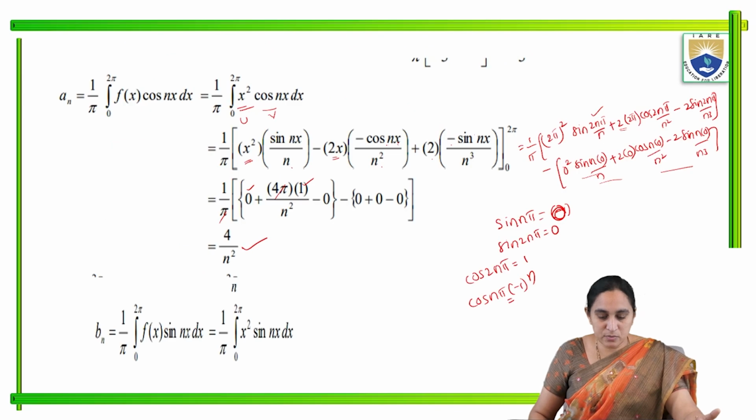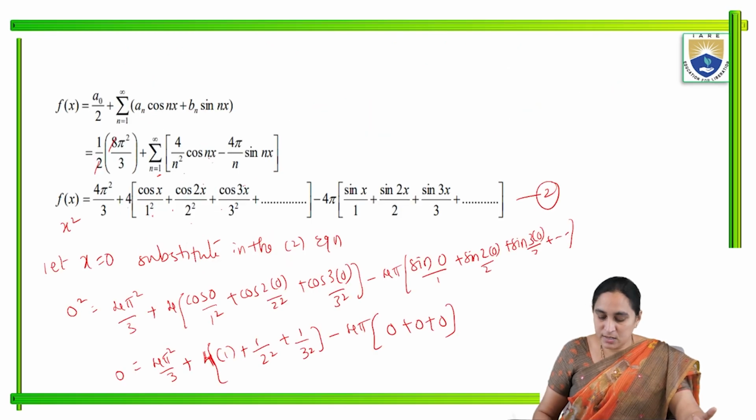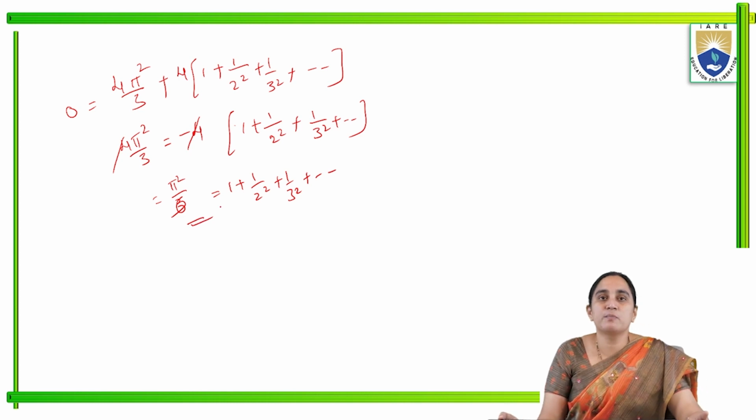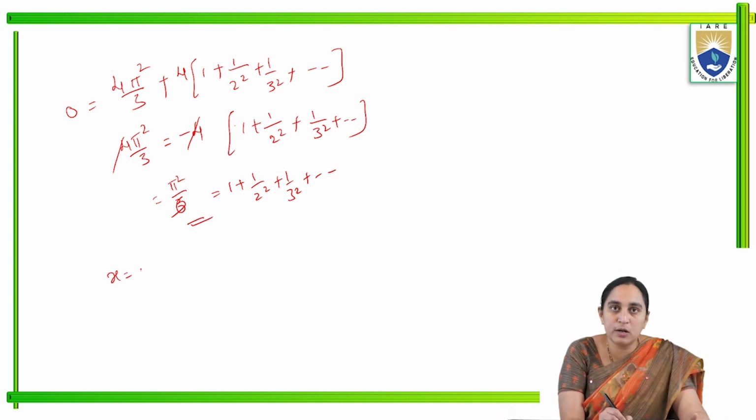There n is missing. If you substitute directly, here we get pi square by 6. That is 1 plus 1 by 2 square plus 1 by 3 square and so on is equal to pi square by 6. For the second deduction part, let us take x is equal to pi.